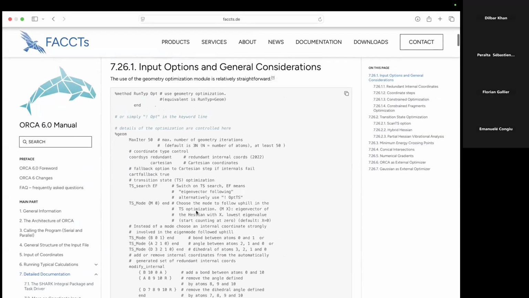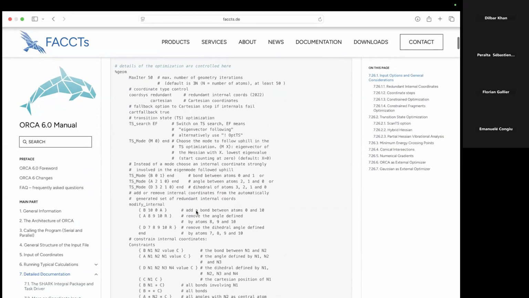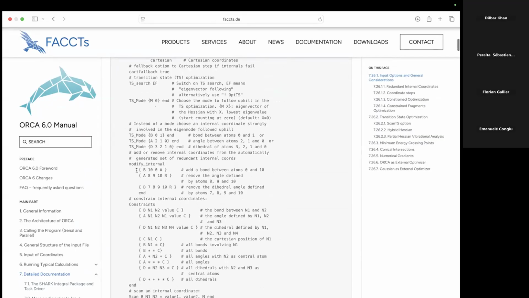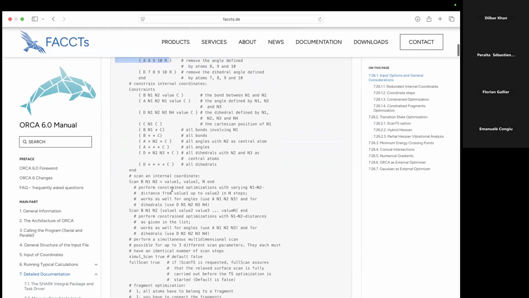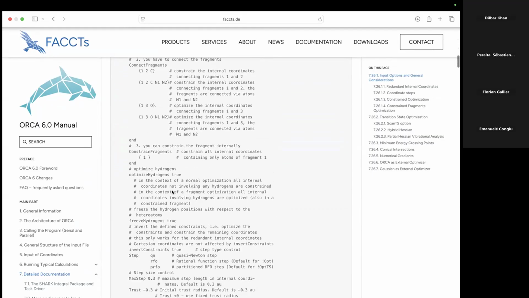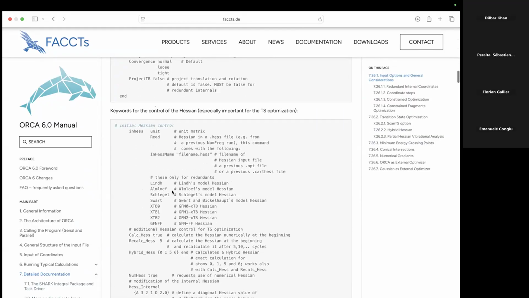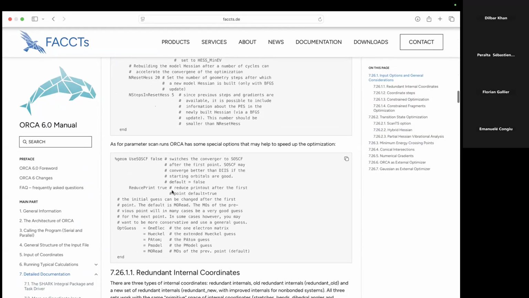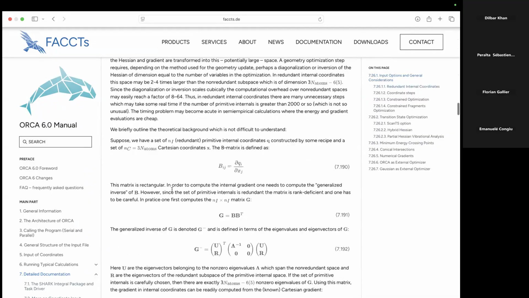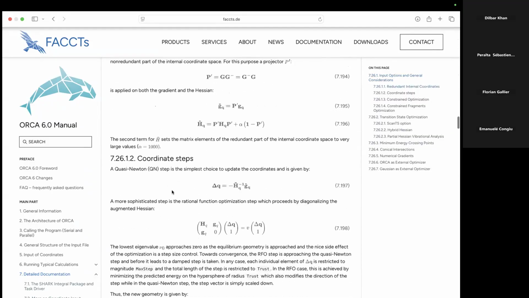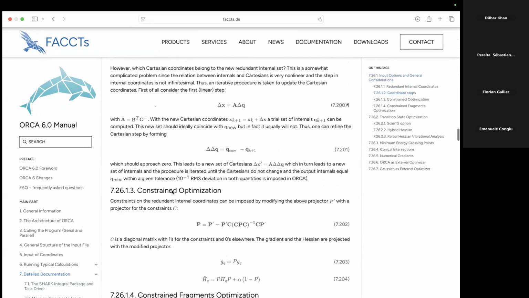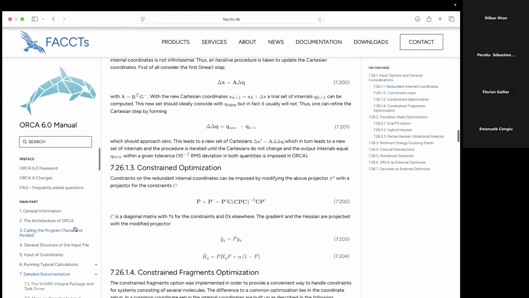Sometimes you can optimize the structures by freezing some bond angles, bond distances, torsion angles, and you can see many options. I just gave you very basic instructions to run simple optimizations.